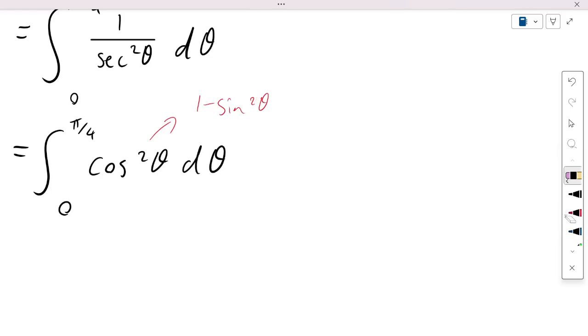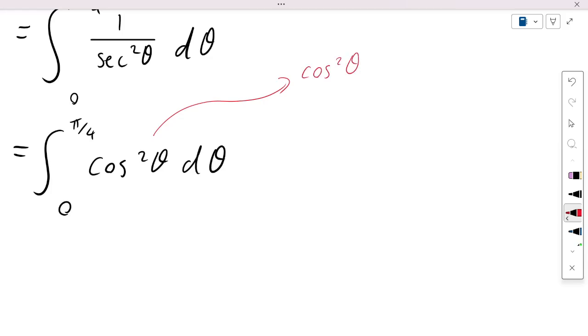So we need to use an identity that basically gets rid of the square and makes it a little bit easier for us to deal with. So what is that going to be? Now, it's from your double angles, by the way. But I have a simplified one where I have cosine square theta as the subject of the formula.